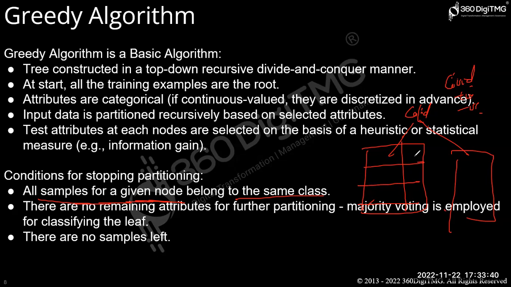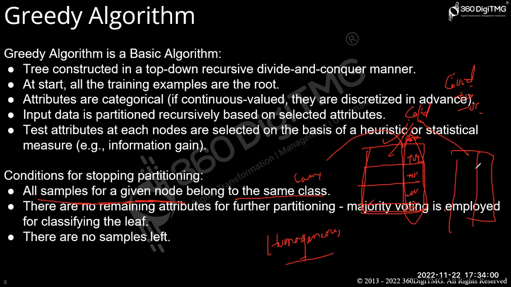If all the labels are positive COVID, positive, positive, positive, so all belong to the same class, it is homogeneous. In that case, we can simply stop because we are able to make a decision here. Similarly, if all are negative, homogeneous cases, we can simply stop here because we are able to make a decision. So wherever you are able to make a decision, you can simply stop there.